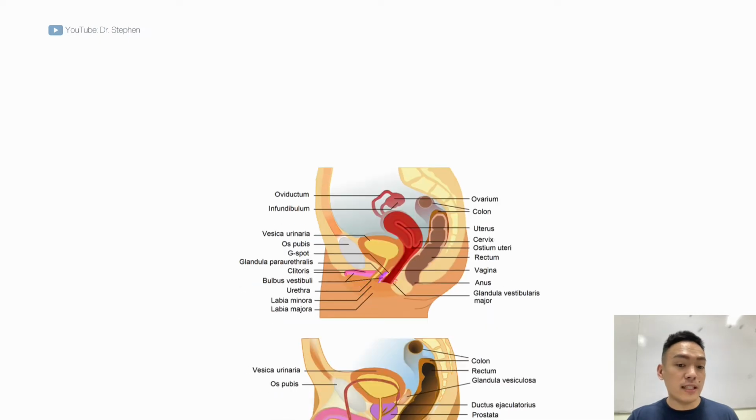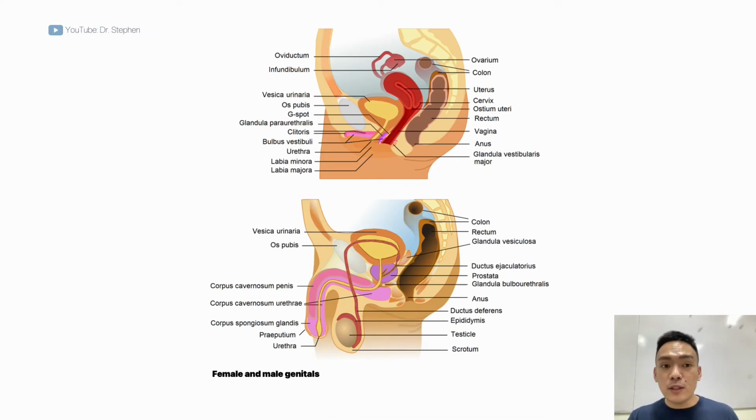Now we have to take a look at the male and female genitalia. Many immune mechanisms in the genital tract of both men and women bear similarity with other mucosal sites. And uniquely, showing you below, the female reproductive tract, or the FRT, must be able to accept a semi-allogeneic fetus while also conferring protection against pathogens.